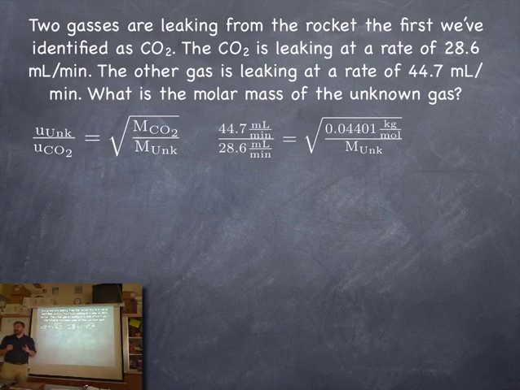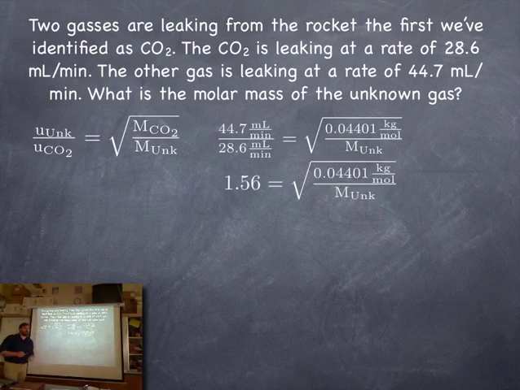Now, here's what I would do next. I don't want a fraction, so I'm going to divide this out to a number, 1.56. Now I have a square root here. The thing I'm trying to find, my unknown, is buried under that square root. I want to get rid of it. What do I do to each side? Square both sides.